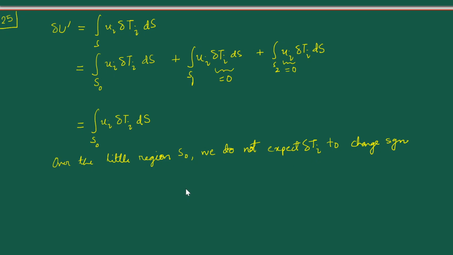In that sense, this delta Ti is like the counterpart of the g of xy in that theorem, which means that we can write this delta u dash as ui, we take this outside, but note that the value that we specify for this thing is not actually the ui that we are taking out, rather a certain value of this ui within the region S naught.